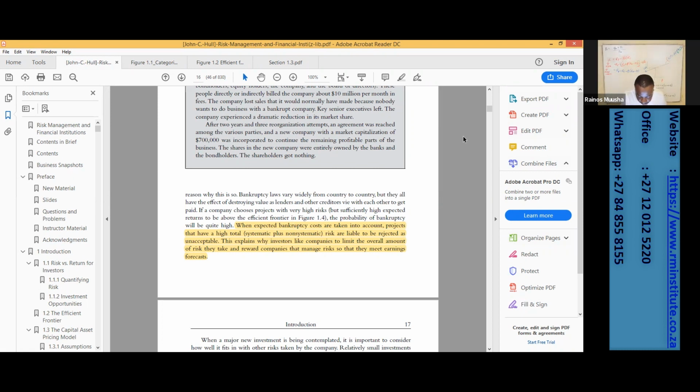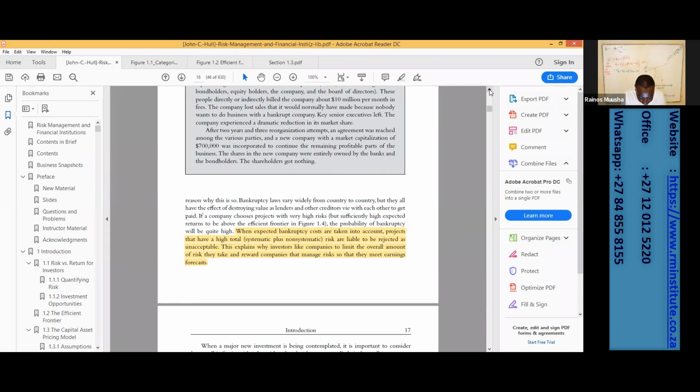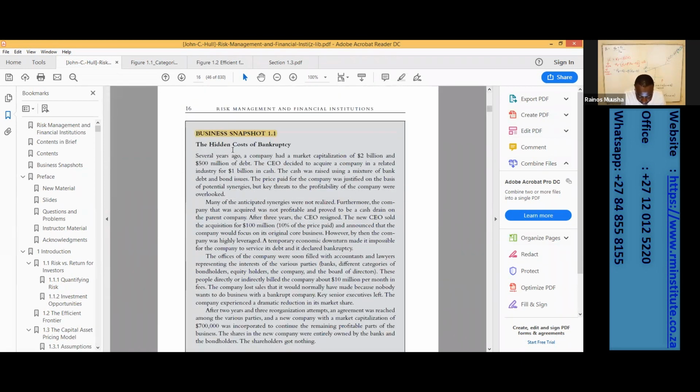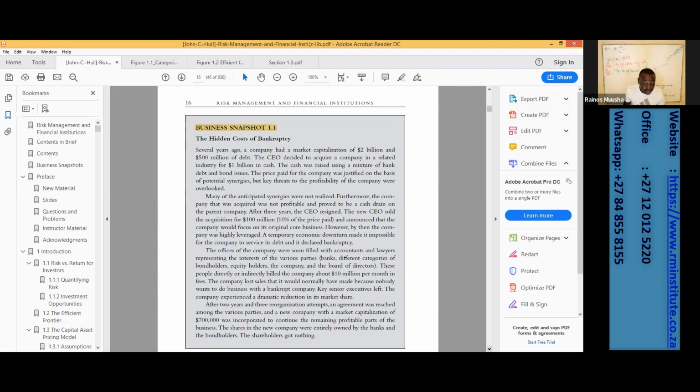To understand this better, on your own time, please have a look at Business Snapshot 1.1 to see exactly what the hidden costs of bankruptcy are for a company, because there are so many other implications that come into play when a company is facing bankruptcy. So please have a look at Business Snapshot 1.1.